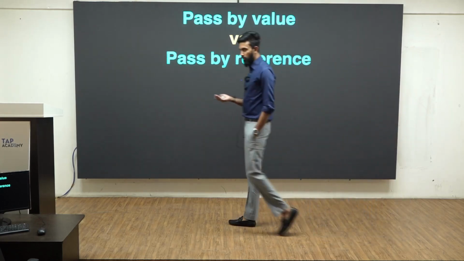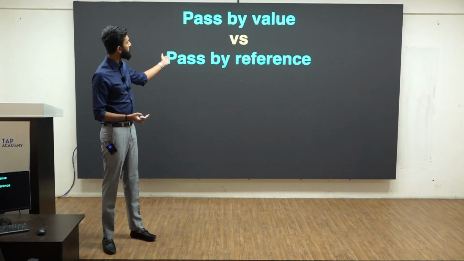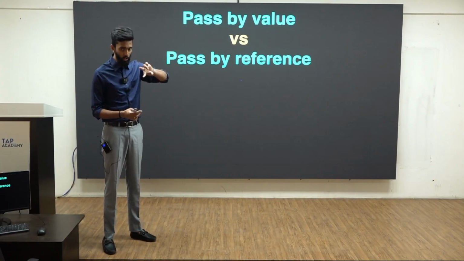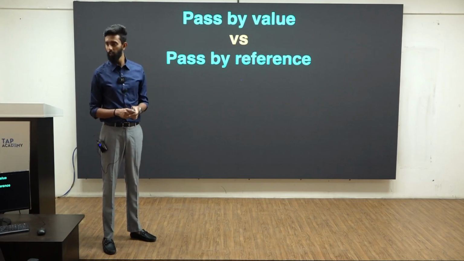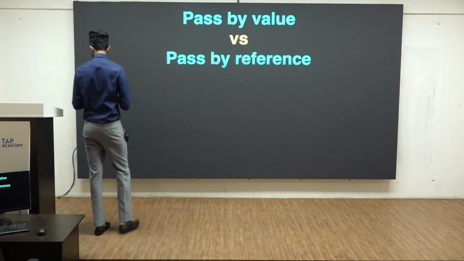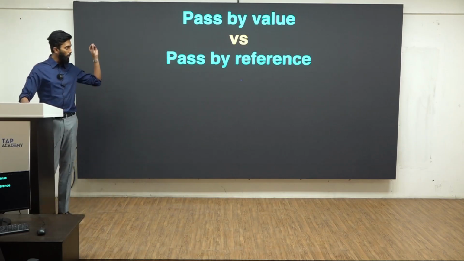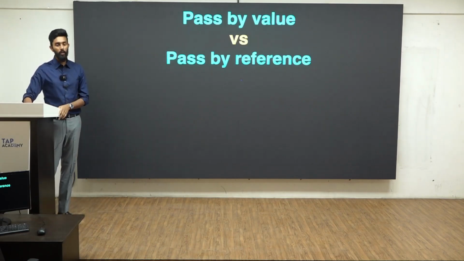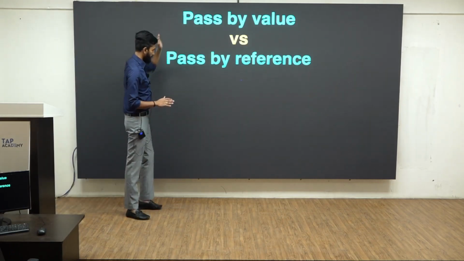Watch this. I'm sure everyone has heard this somewhere. Pass by value, pass by reference. Some people call it as pass by address, reference or address. Because what is there inside a reference? Address. Correct or not? Somehow 99% of students cannot answer this properly. Second thing is, forget about pass by value.